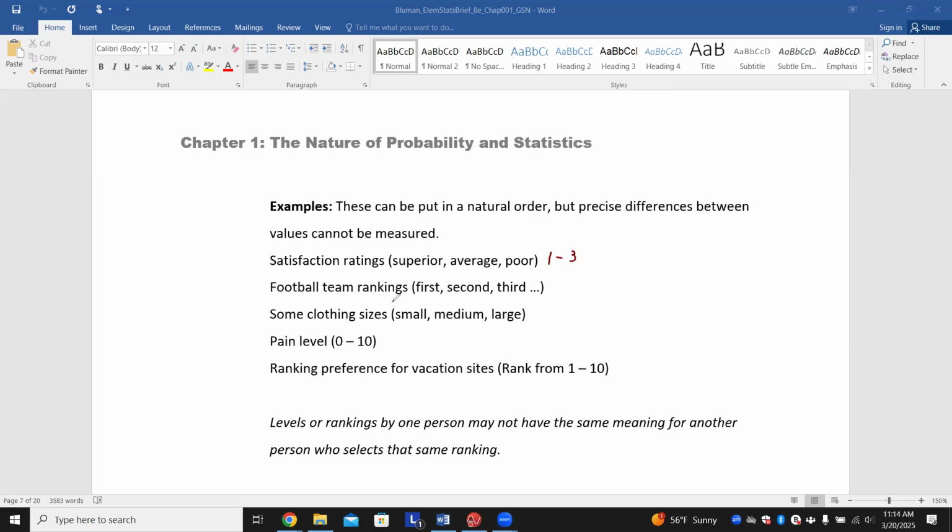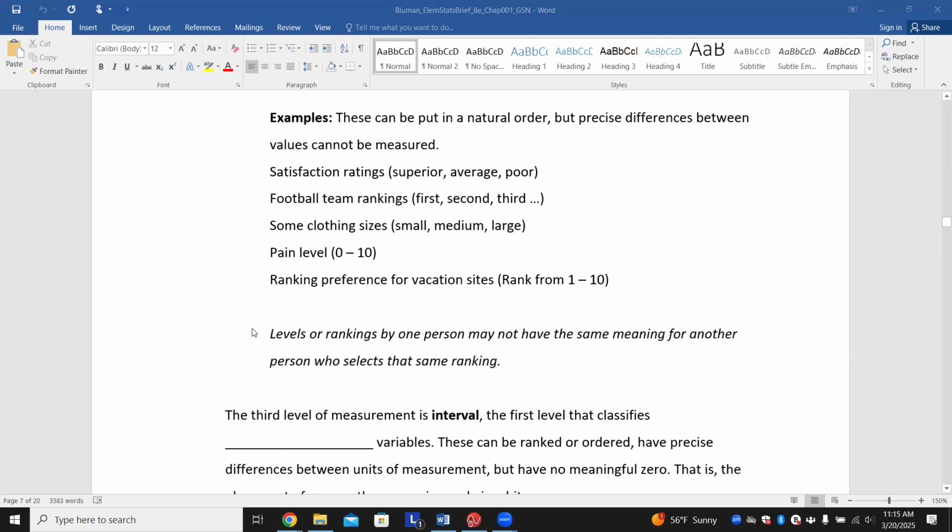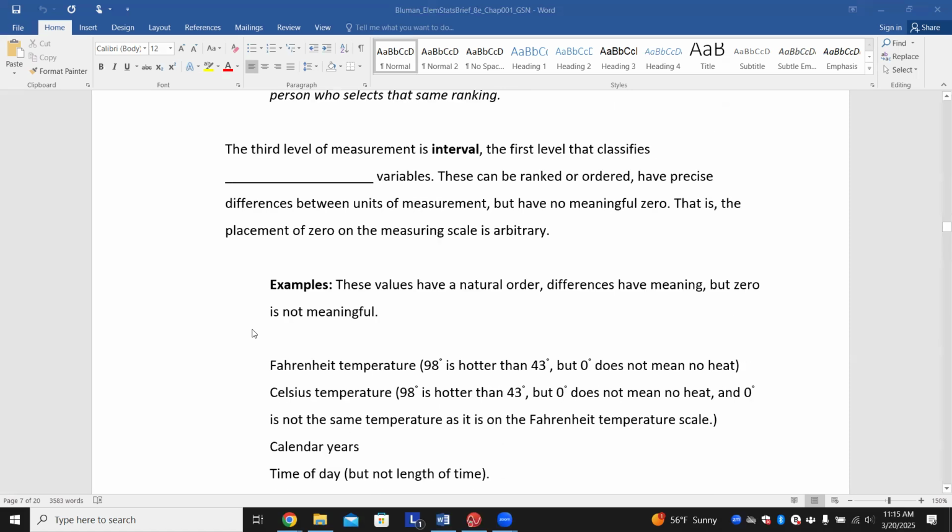So their pain level of 2 might not be the same pain level as my 2 or your 2. All right. If we keep going through this, the third level of measurement is interval. This is our first quantitative variable.